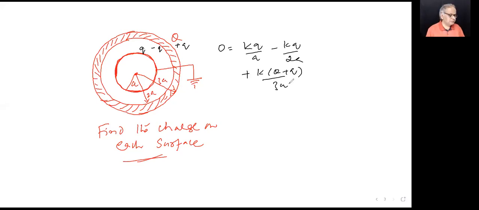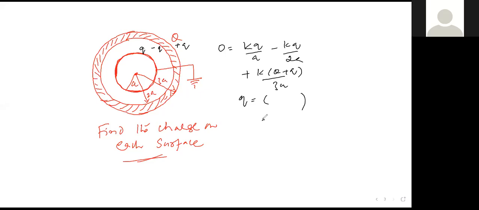So simplify it and tell me. We want Q. KQ by 2A, KQ by 3A. 5Q by 6, isn't it?